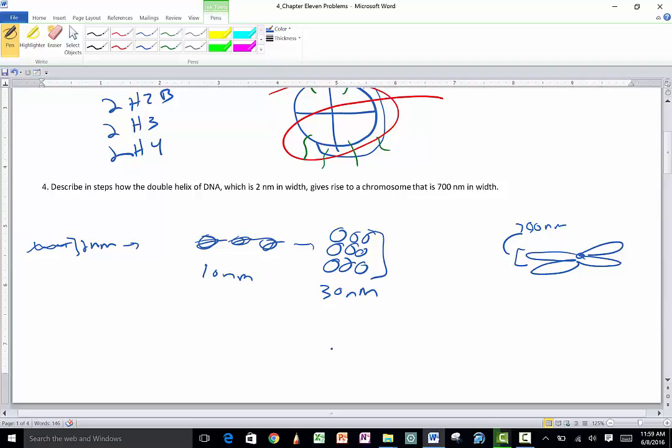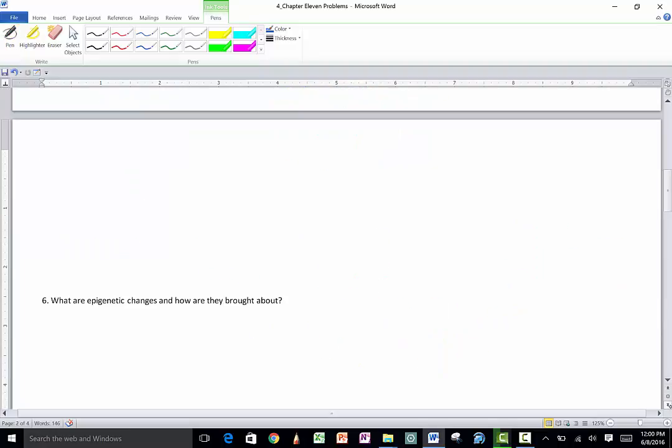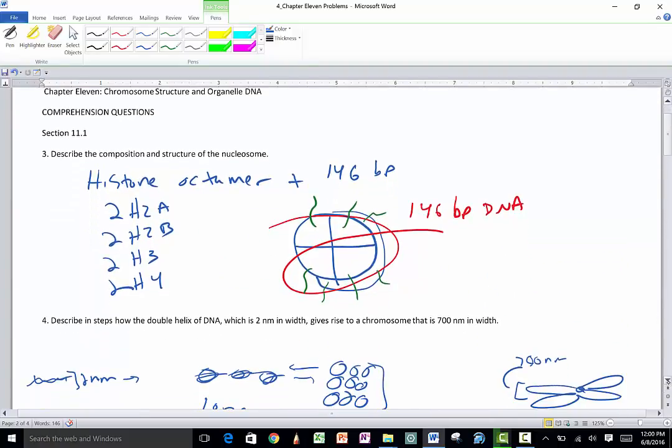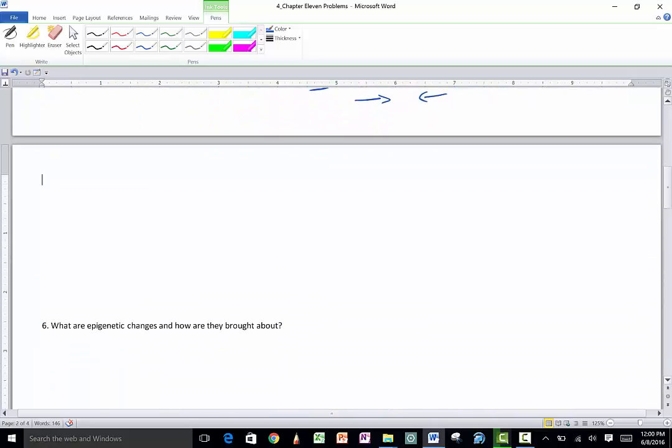And then this 30 nanometer fiber gets attached to a scaffold, and then there's further scrunching of the scaffold to get to that. That's essentially it. The main important thing is how it goes back and forth between the 10 nanometer and the 30 nanometer. So I left a lot of space there for some reason, but that's okay.